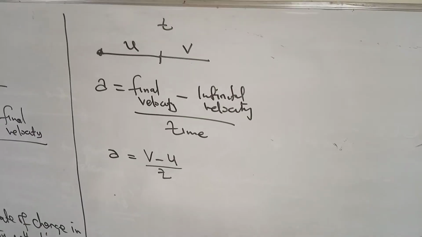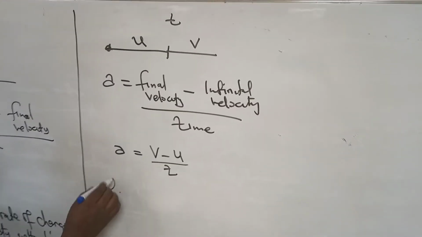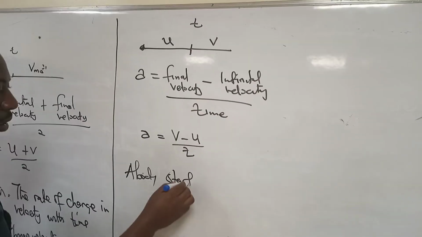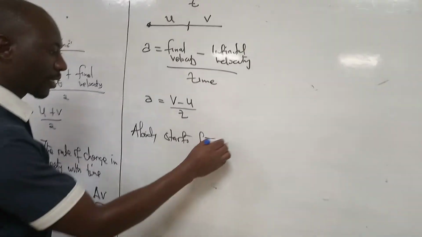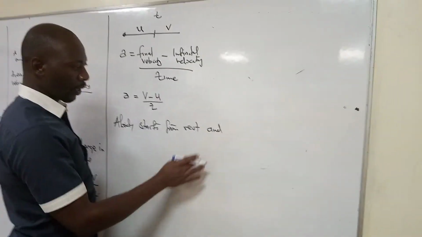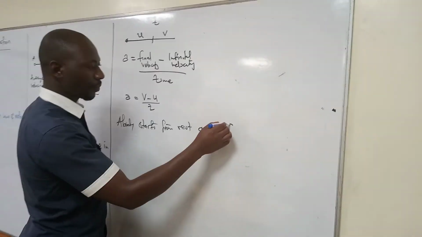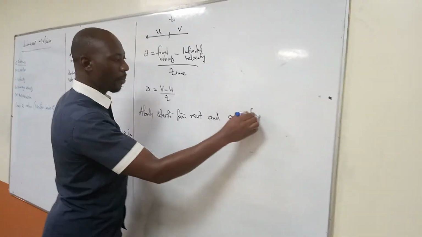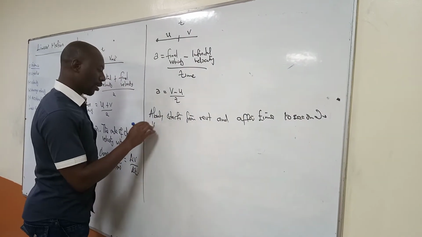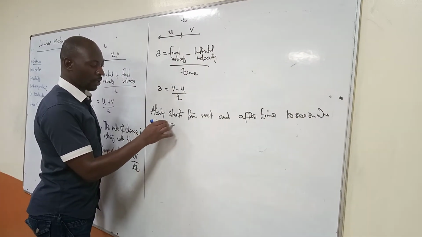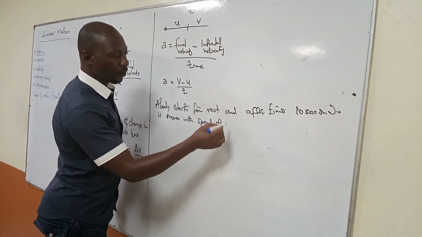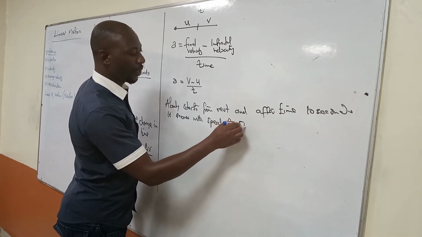So let's do an example. A body starts from rest and after time 10 seconds it moves with a speed of 50 meters per second.